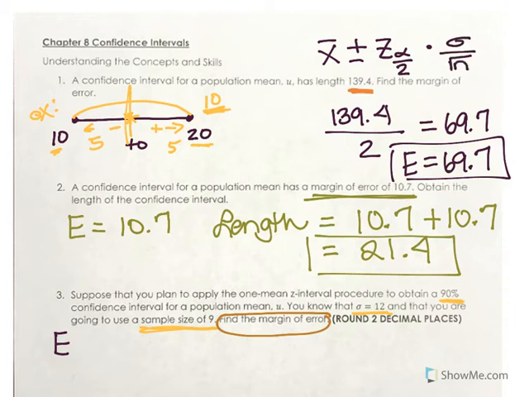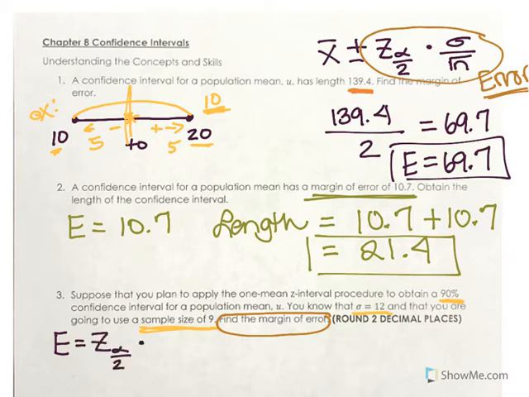When we did our division and multiplied the two numbers together, that's what we said was our error. So the actual formula is that side. You can write it as big E equals that z-score times the population standard deviation divided by the square root of n. That would be your official formula for margin of error.